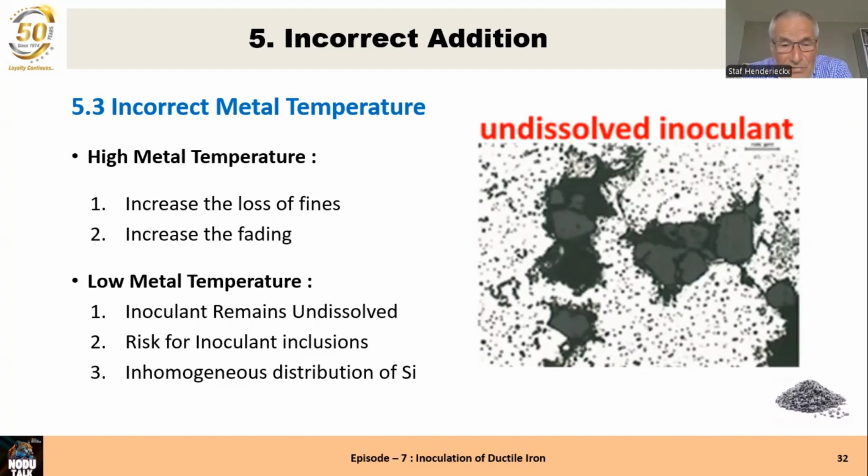That's undissolved inoculant. So the risk of inoculant inclusions is there, and an inhomogeneous distribution of silicon is also a very high risk. So please take the correct temperature by experience combined with the section size, the grain size of your inoculant.